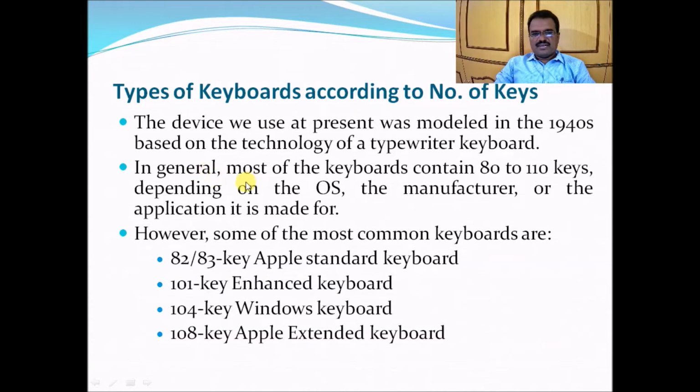The keyboard types are like this: 82 or 83 key Apple standard keyboard, 101 key enhanced keyboard, 104 key Windows keyboard, and 108 key Apple extended keyboard. So these are the general number of keys available. The most generally used keyboard is the 104 key Windows keyboard.